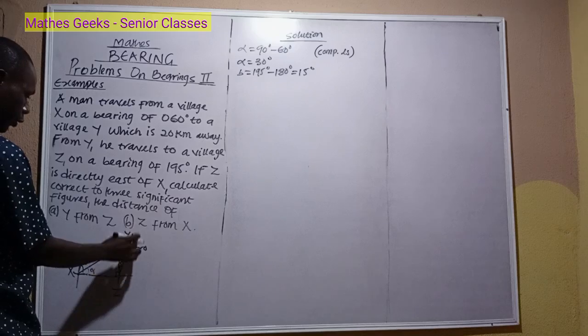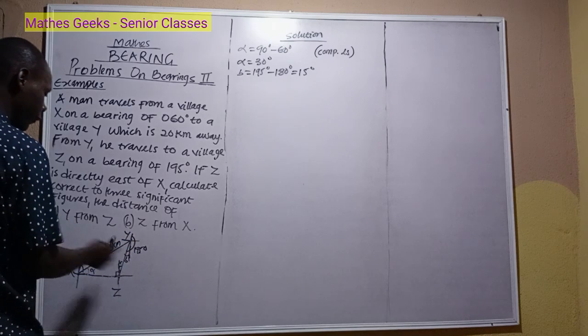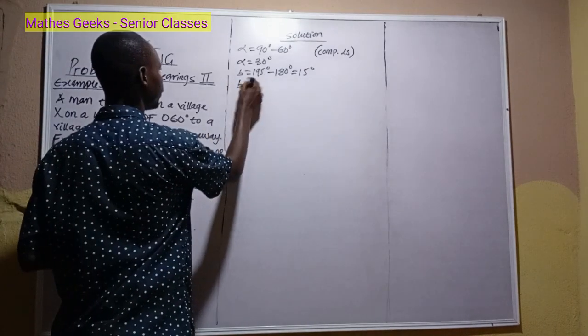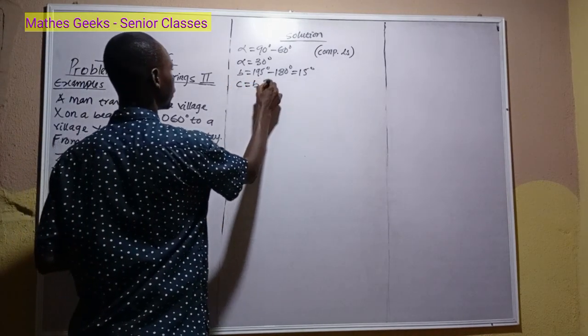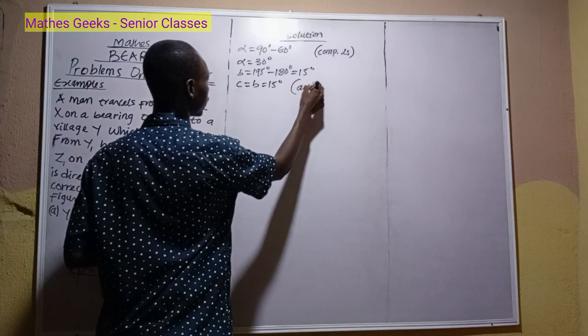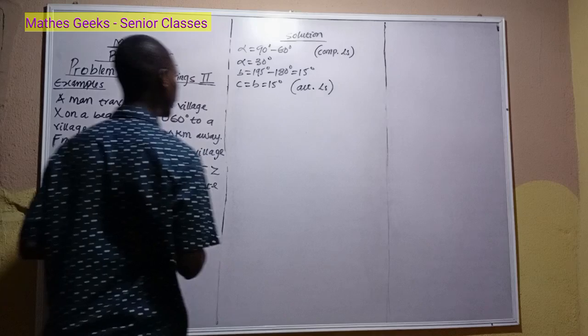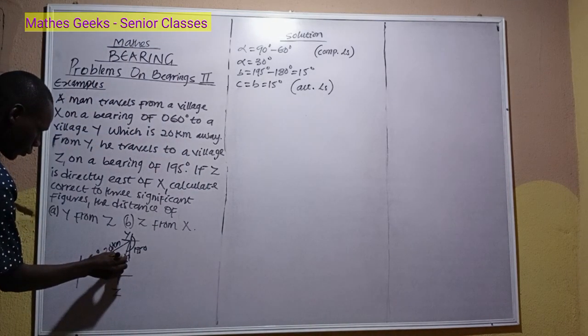Since from here to here is 180, then this part will be 15 degrees. And B is alternate, so C is equal to B, equal to 15 degrees. What's the reason? Alternate angles.